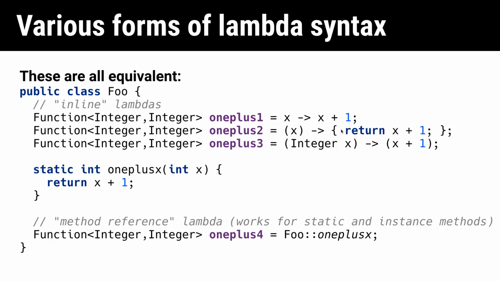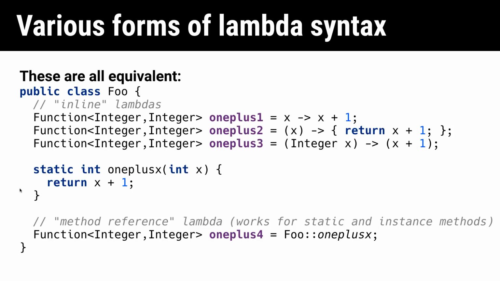When you do a curly brace, you have to have the return keyword, but you can get rid of the return keyword if you don't need it and get rid of the curly braces. So the first form here is the most concise. It's preferable. If you can use it, great. If you need to do something more complicated, then you use the second form. You can explicitly declare type parameters if you want. So if you really want to say it's an integer, you can. You really don't need to, but you can.